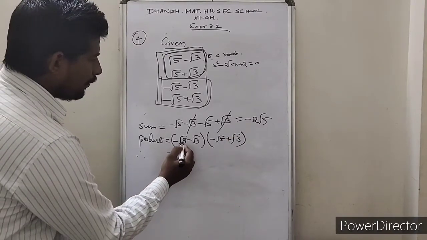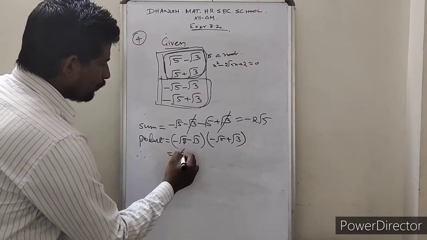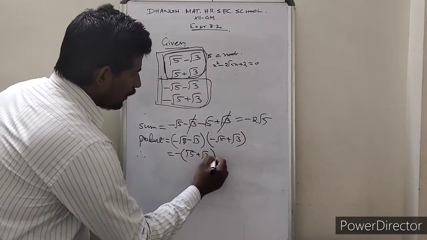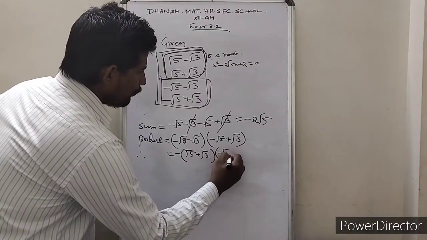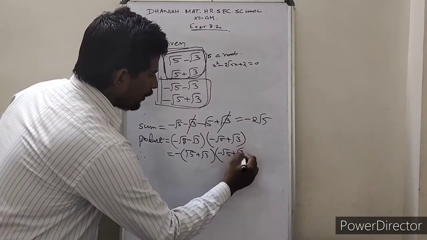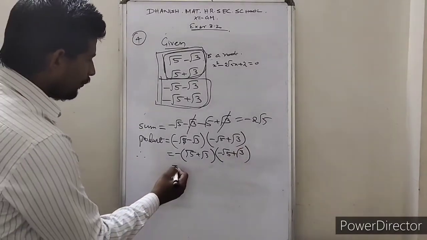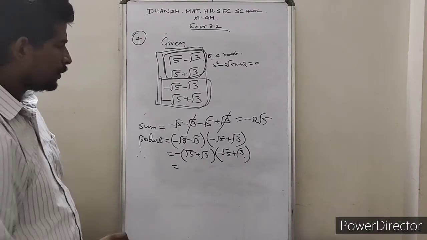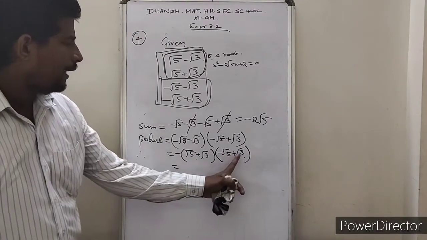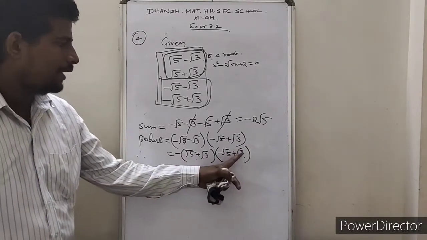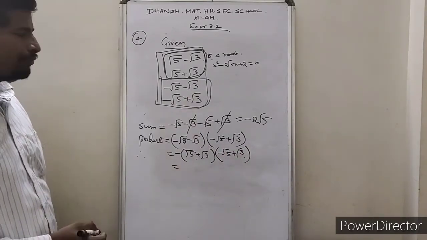From this we can take minus as common, so minus into root 5 plus root 3 into minus root 5 plus root 3. Now these two are in the form of a plus b into a minus b. Here our a is root 3 and b is root 5.